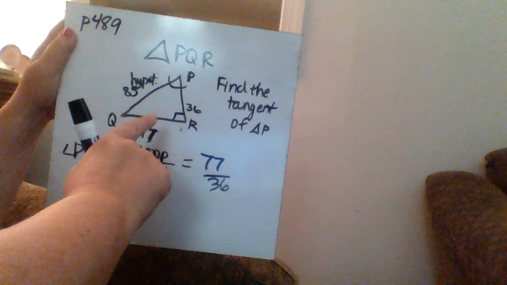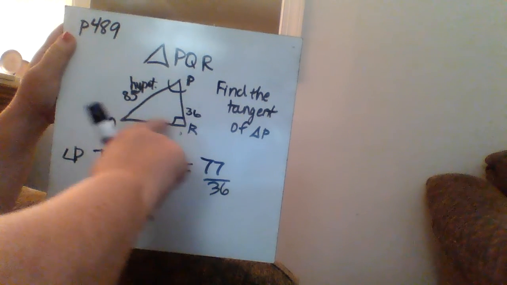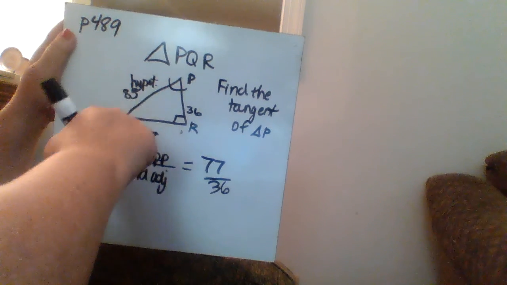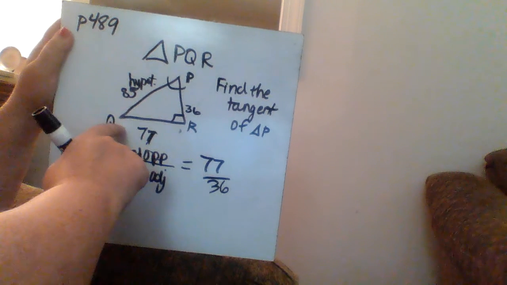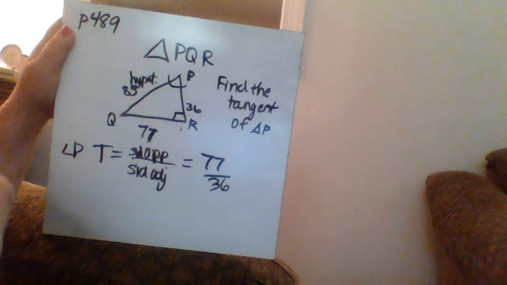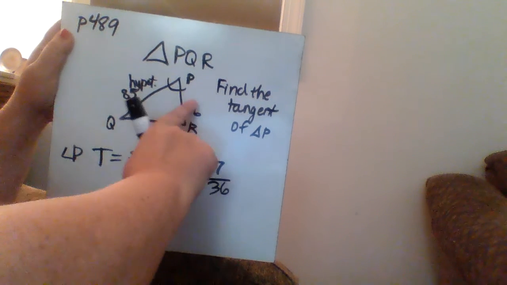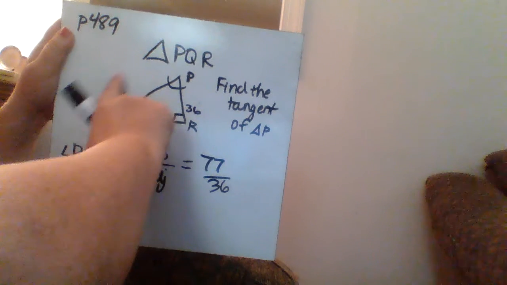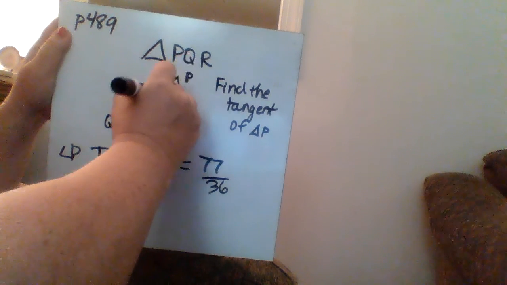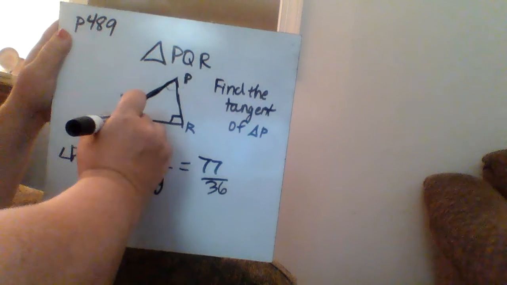So what if we were to ask what the tangent of Q is? Remember, this is a 90-degree angle. Tangents relate to one of the acute angles of a right triangle, so we can find the tangent of Q. In the same triangle, we're looking this way.